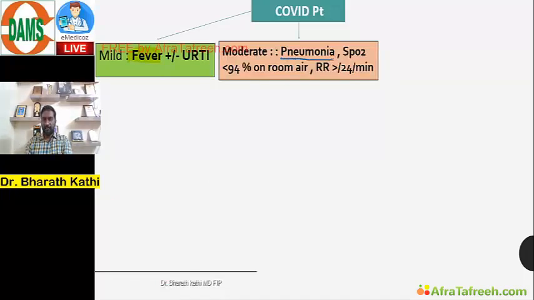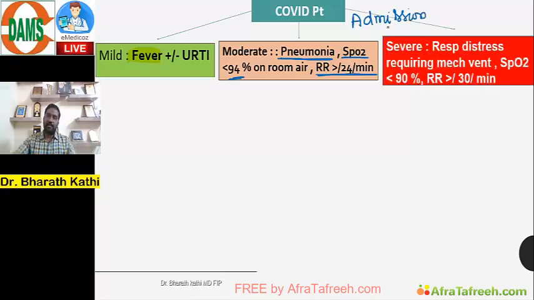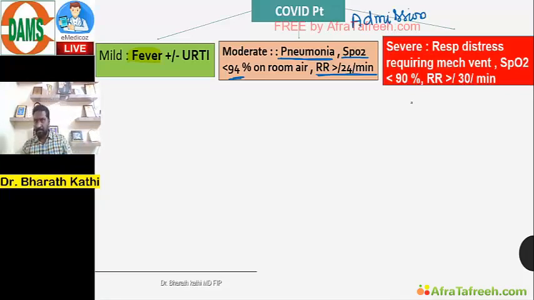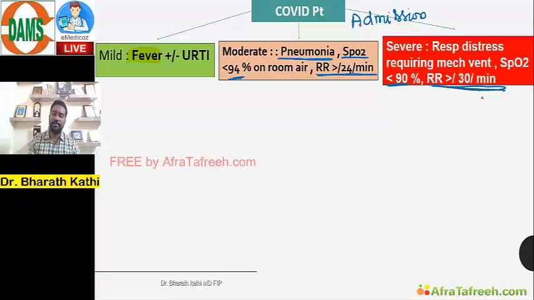Moderate, so pneumonia features, SpO2 less than 94 and respiratory rate more than or equal to 24. So from moderate onwards, the patient should be admitted. Whereas severe, respiratory distress requiring mechanical ventilation, SpO2 less than 90%, respiratory rate more than 30 per minute.